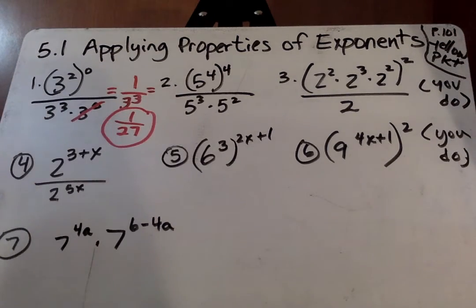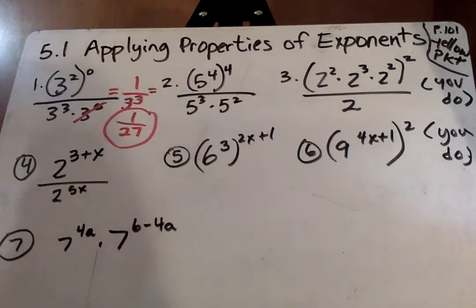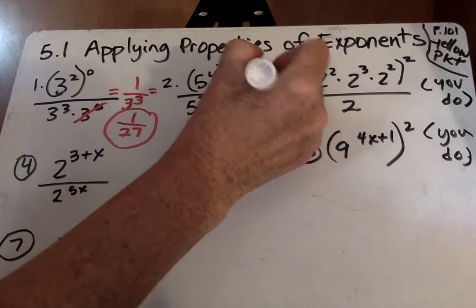And you're done. Number 2, 5 to the 4th power raised to the 4th power over 5 to the 3rd power times 5 to the 2nd power. If it's a power raised to a power, you multiply, so 5 to the 16th.